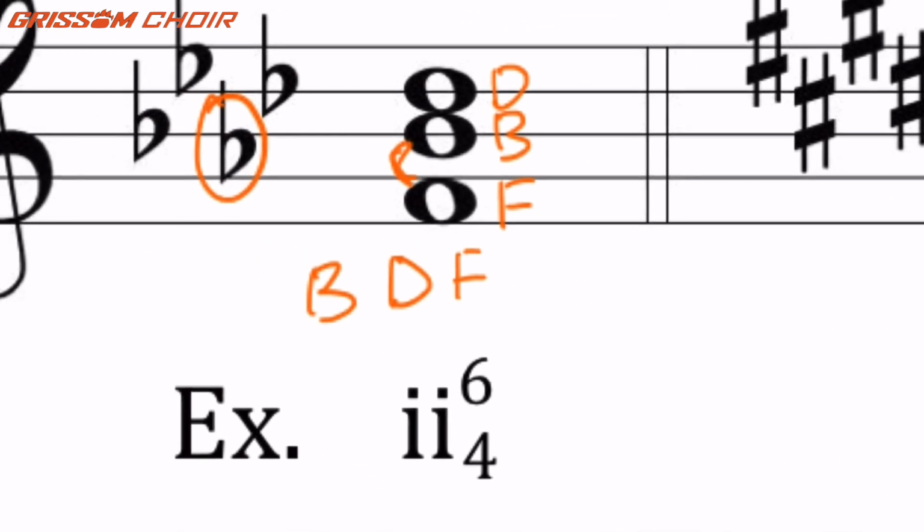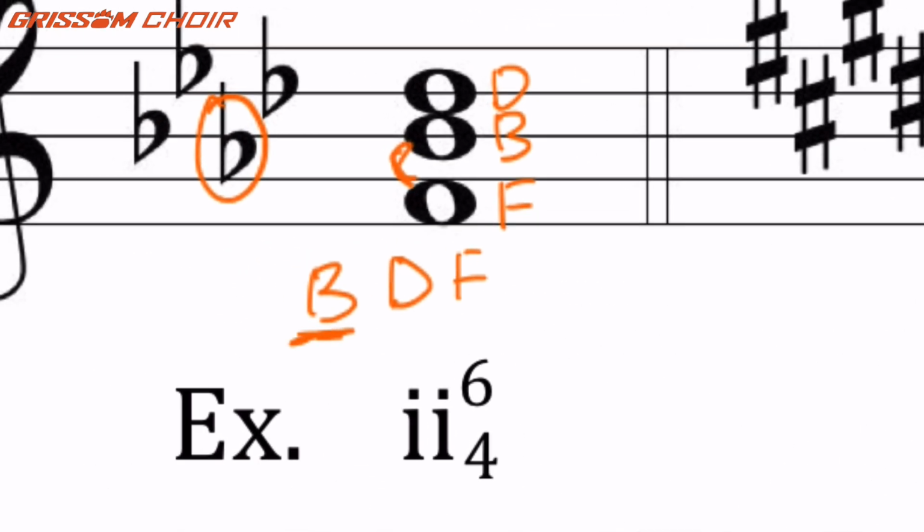So the root of that chord is B. B is the second scale degree in A flat major. We also can figure out that it is in the second inversion based on where this gap is and what note is on the bottom. The note that is on the bottom is the fifth of that chord.